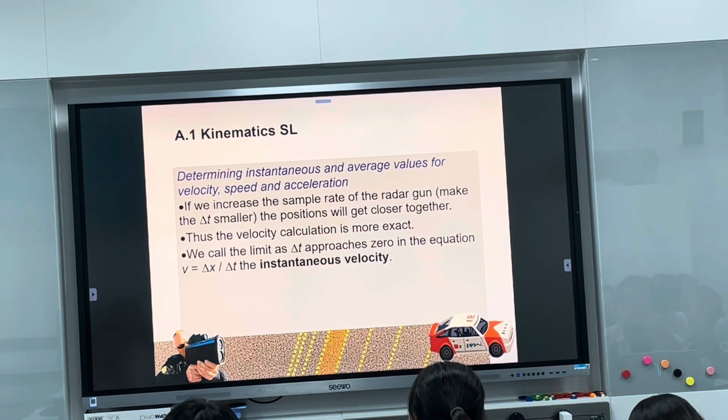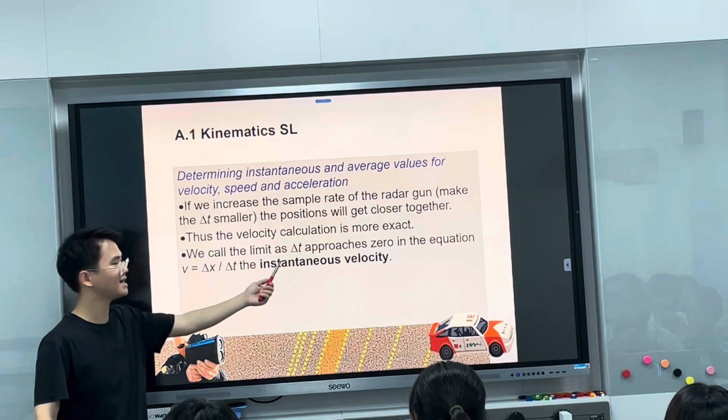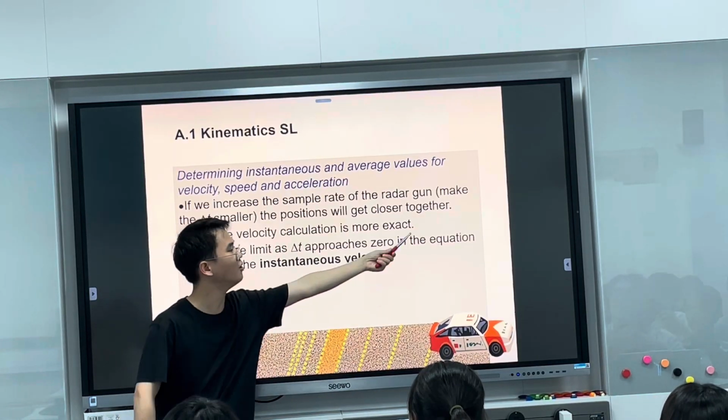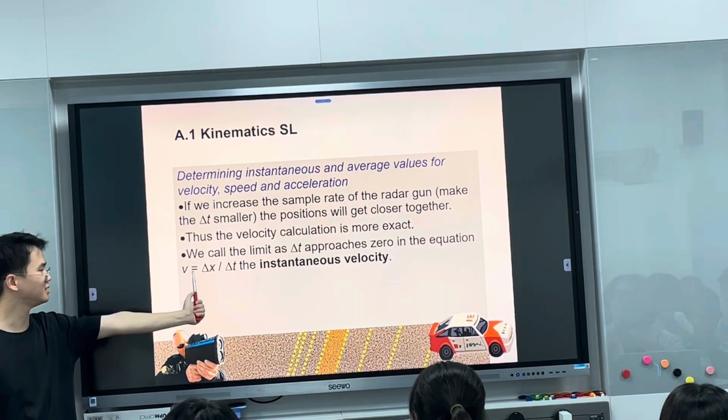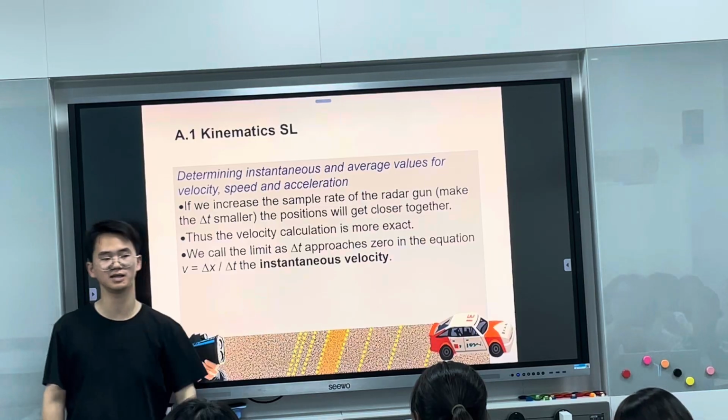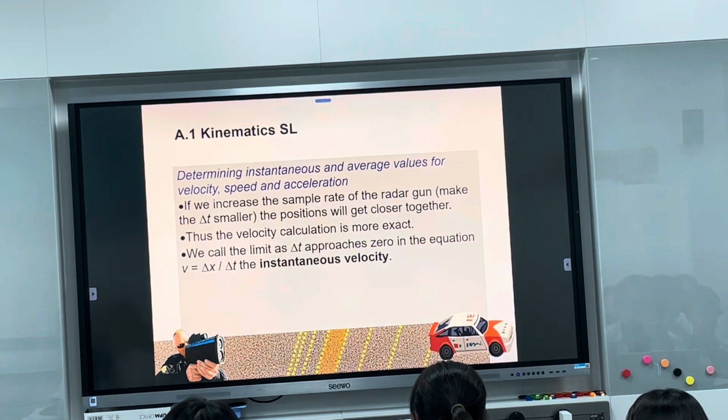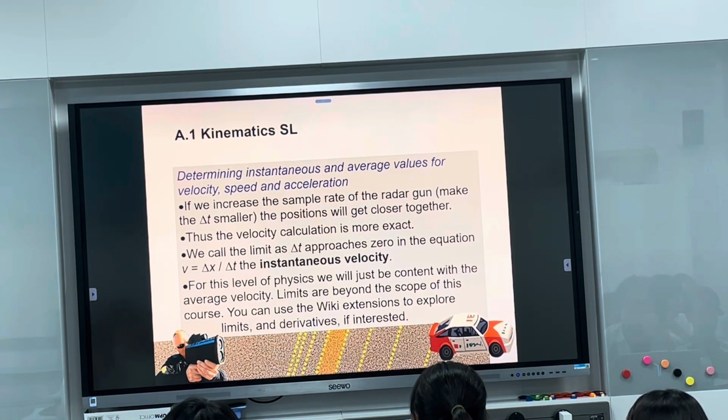We call the limit as delta t approaches 0 in the equation the instantaneous velocity. Okay, instantaneous velocity.